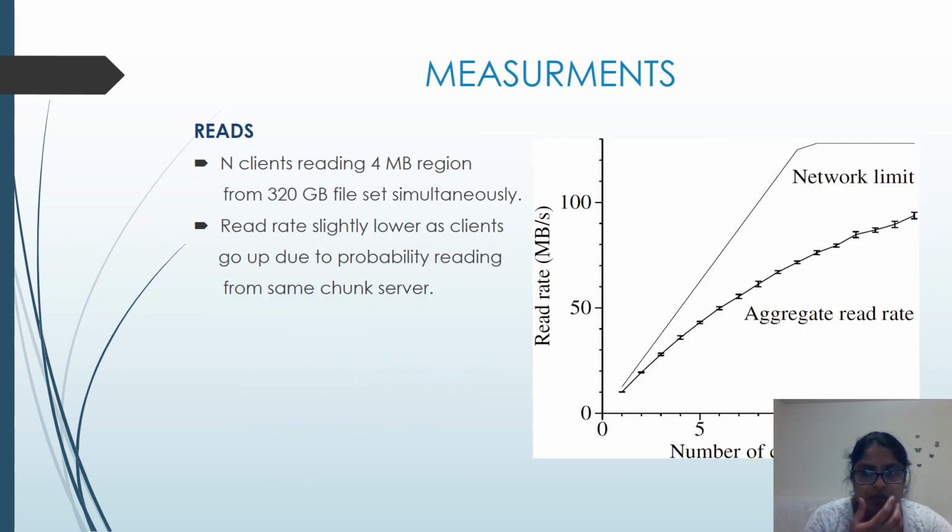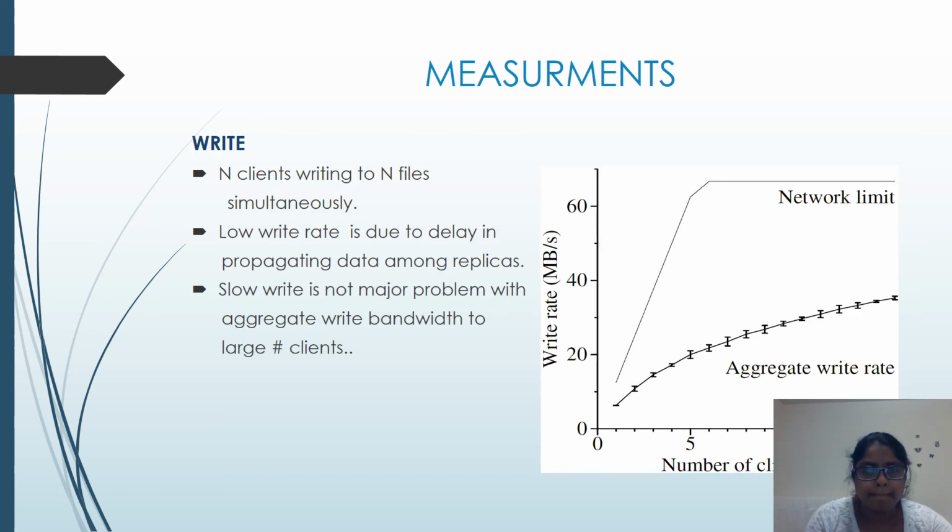This figure shows the aggregate read rate for n clients and the theoretical limit. Here on the right, n clients write simultaneously to n distinct files. Each client writes 1 GB of data to a new file in a series of 1 MB writes.